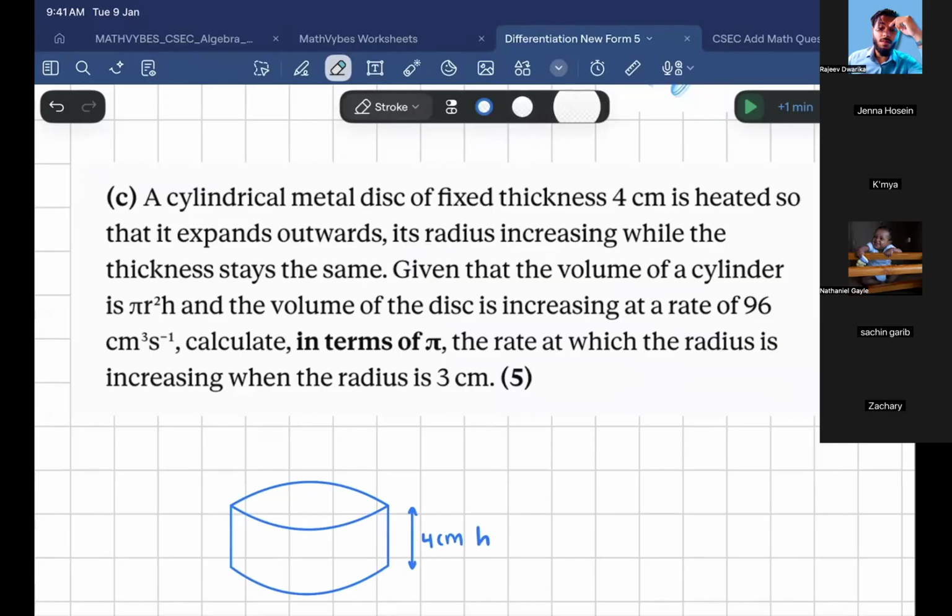Think of this: if you have an empty water bottle and you squeeze it, what happens to the volume? The volume would decrease and the pressure would increase, right? It's a similar kind of concept.